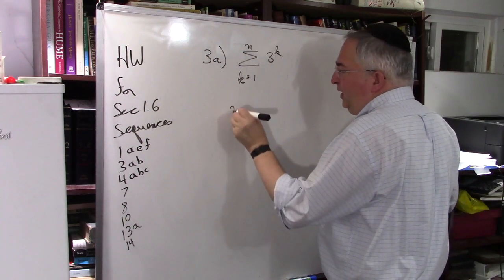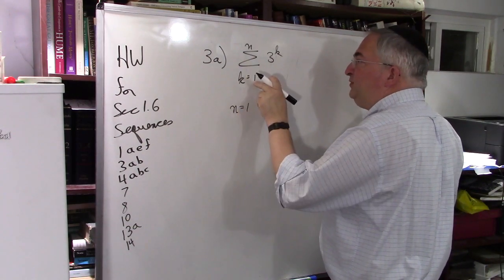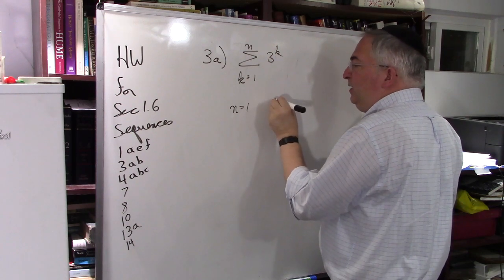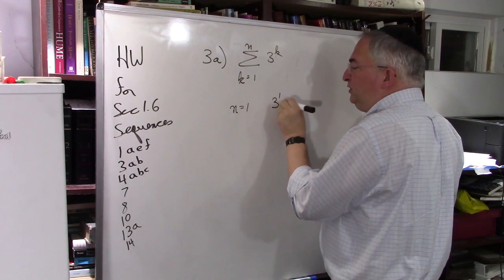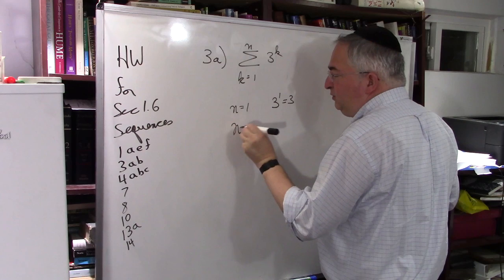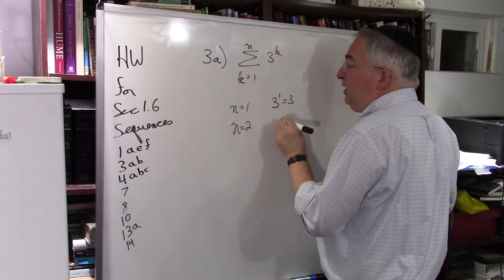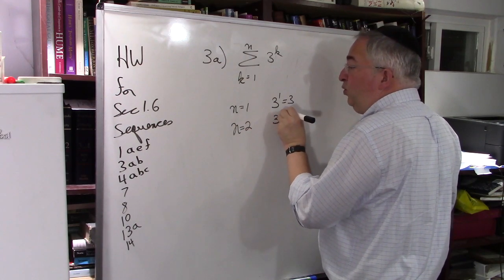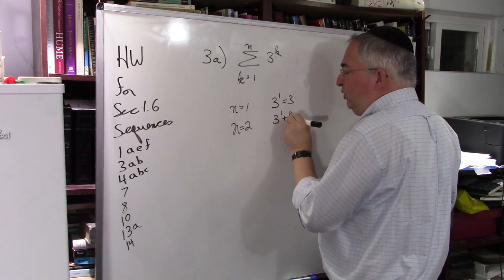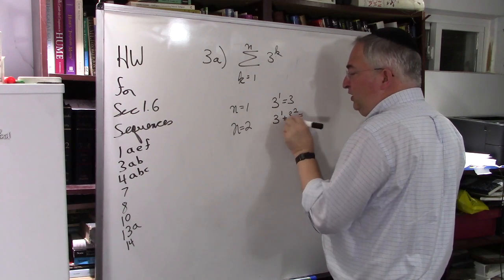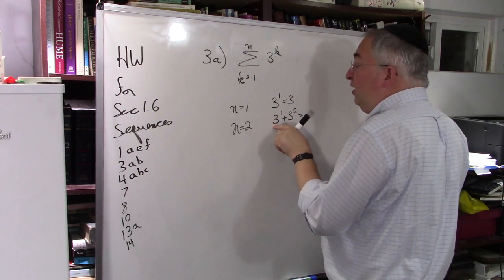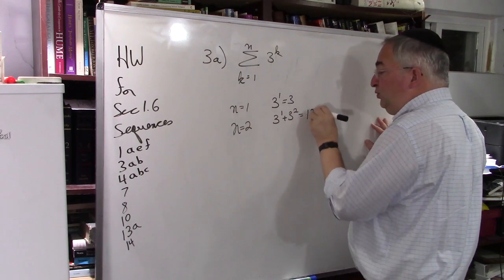So where n is equal to 1, this becomes from 1 to 1, so this becomes 3 to the 1, which is equal to 3. For n is equal to 2, this becomes 3 to the 1 plus 3 to the 2, so that's equal to 3 plus 9, which is 12.